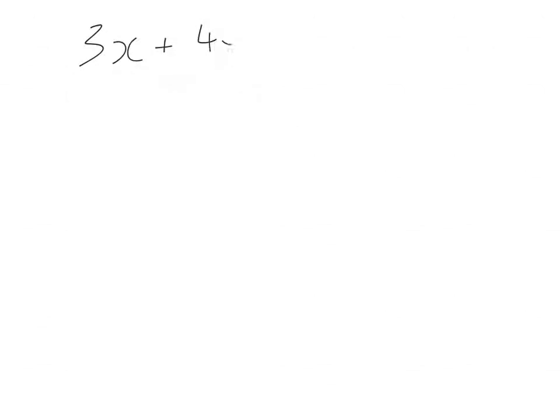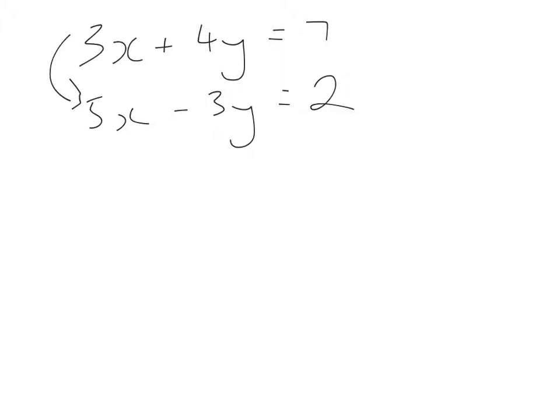unless 3x plus 4y equals 7, and 5x minus 3y equals 2. So, in these questions, I can't turn 3 into 5 and vice versa. I can't turn 4 into 3 and vice versa. So this time, what you have to do, and it's a bit longer, you have to change both.